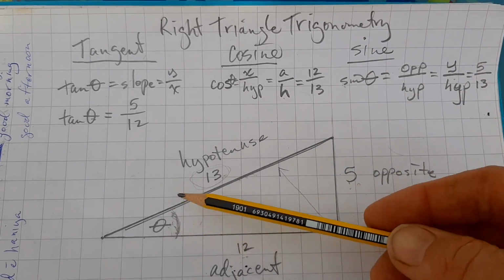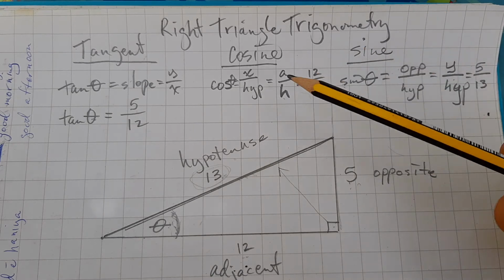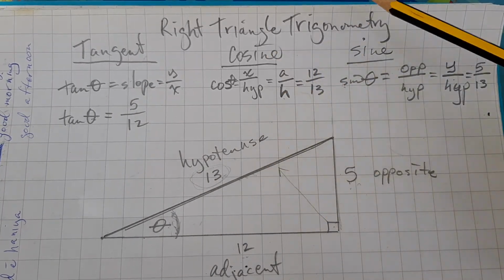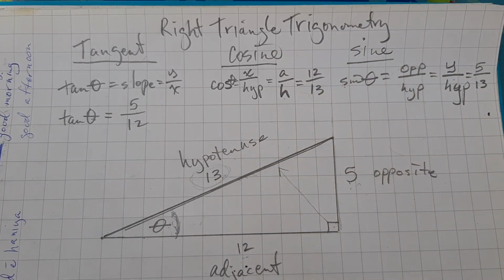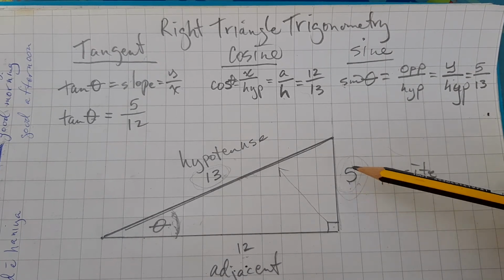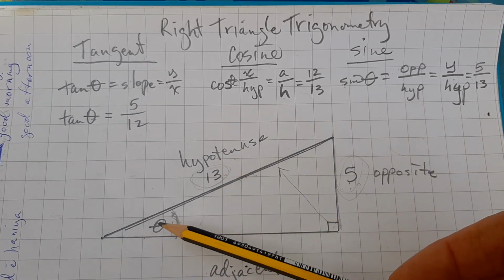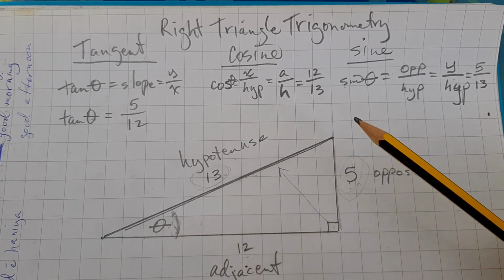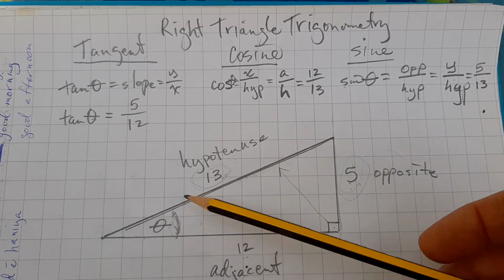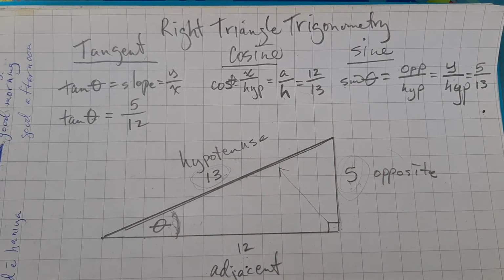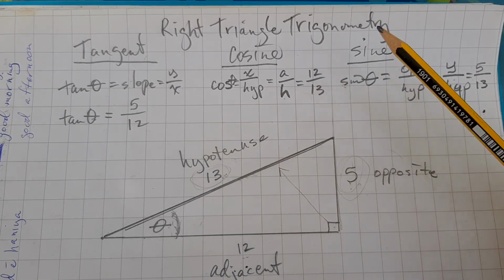If you're given the angle and you're missing a side, then you use these, either tangent, cosine, or sine, whichever one works for you. If you're missing this over here, and I got that one, well, you do sine of theta equals 5 over 13, and you know that angle. And we'll do that next time. Just get these down, guys. Tangent, cosine, sine.